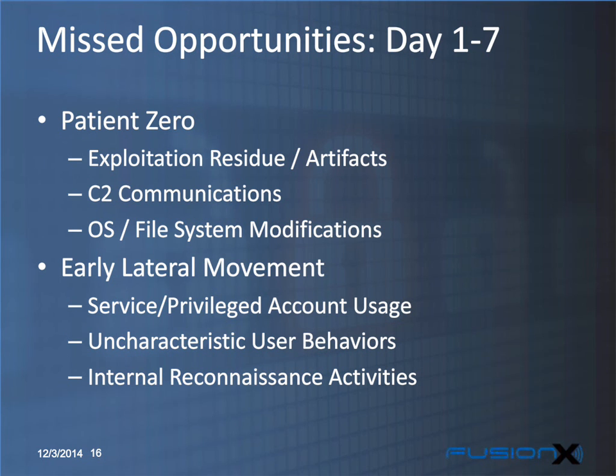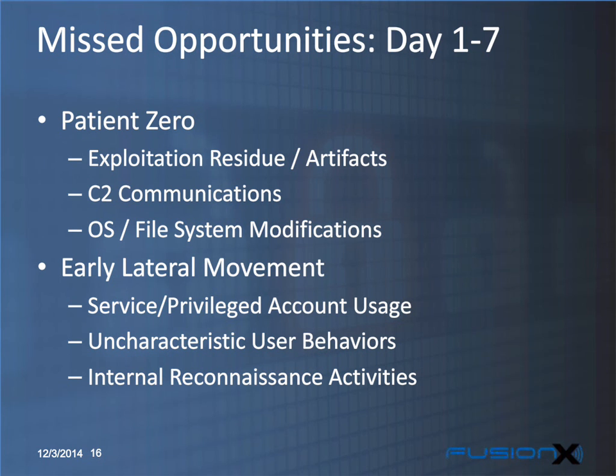Early stage lateral movement, so this is at the point where they're moving from patient 0's machine potentially to the next hop on the network. There are various things that we can identify, such as the use of service accounts. Attackers will use tools like Mimikatz in order to dump passwords out of memory on patient 0's machine, which they will then use to move laterally on the network through protocols like RDP, SMB, and so forth.